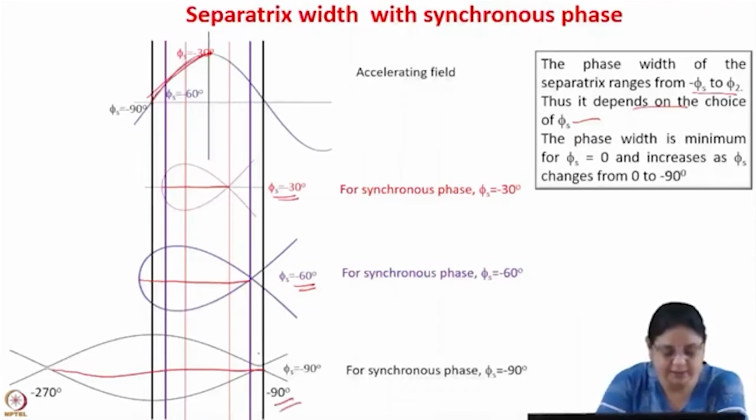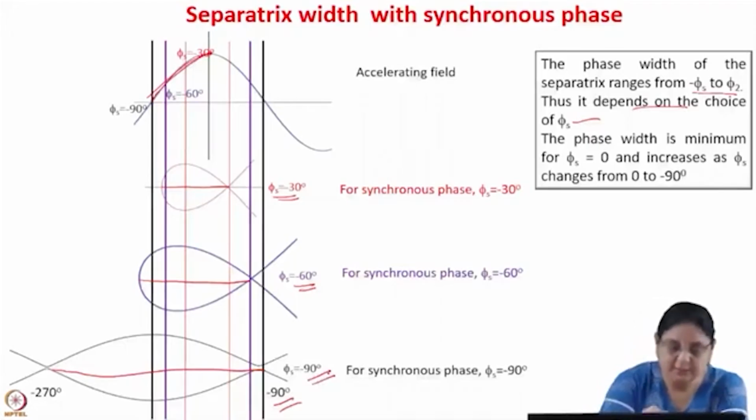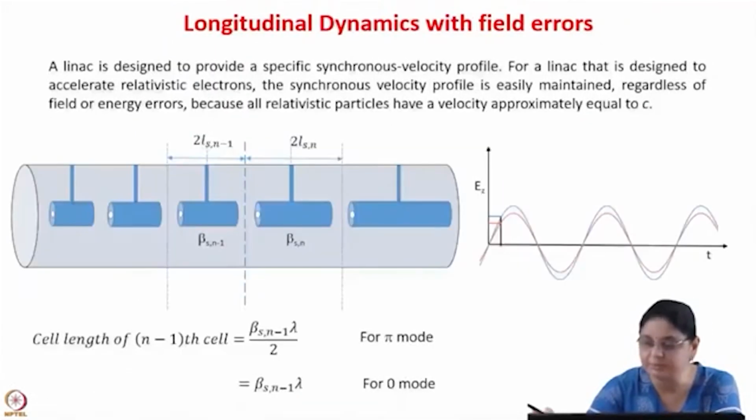Here we see that it is maximum for minus 90 and it extends over the entire range of phase, 360 degrees. But at 90 degrees, the accelerating field is 0, so no acceleration. As you go towards the crest, the accelerating field increases, so the acceleration is more, but the phase width decreases. So you have to maintain a proper compromise in the choice of synchronous phase.